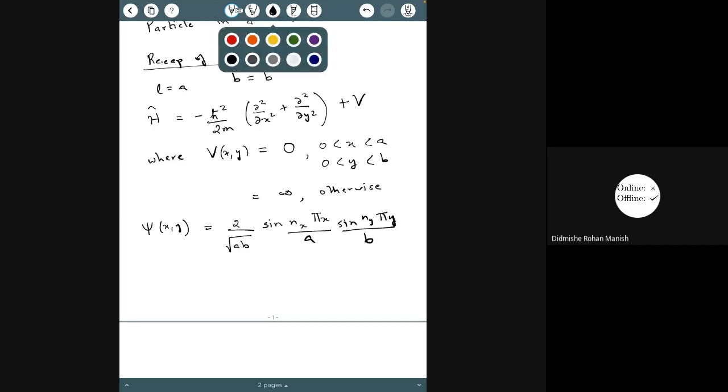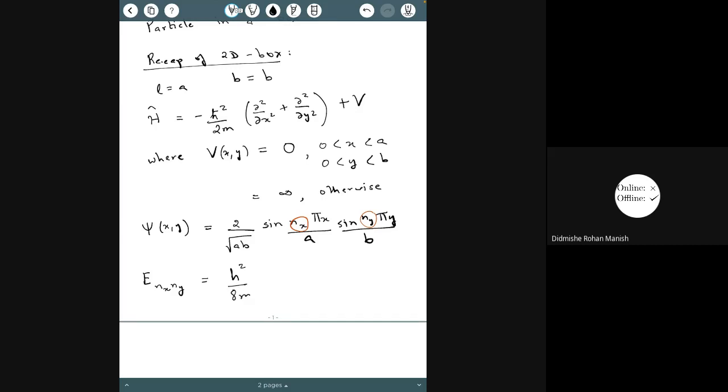We also generated two quantum numbers in this case, nx and ny. The energy also was found to be a function of both nx and ny, and that had the value h squared by 8m times nx squared by a plus ny squared by b.